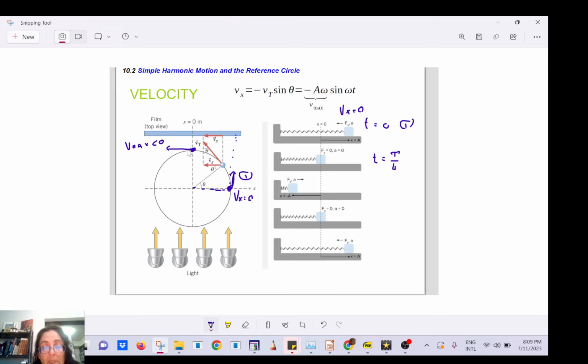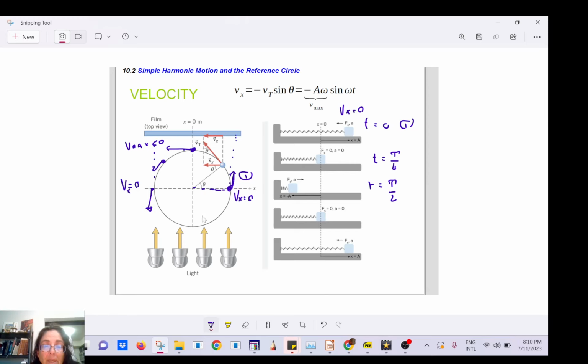The speed is the same, and it keeps going. At half the period, it has no x component, so the x component of the velocity equals 0.